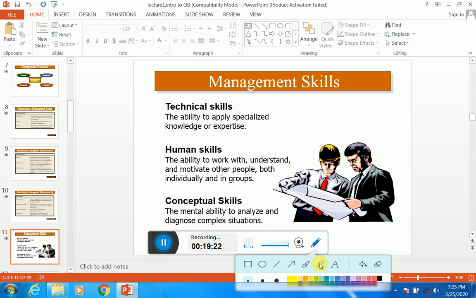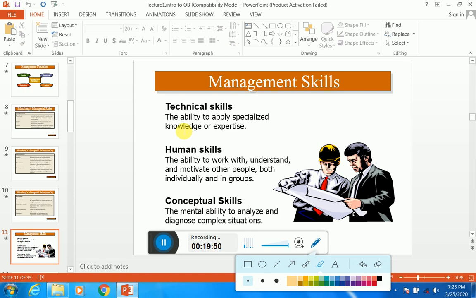Now let's start one by one in detail. Number 1, we are going to discuss technical skill. Technical skill simply means the ability to apply specialized knowledge or expertise. It means managers should be proficient and have extensive knowledge about their phenomena or their methodology.